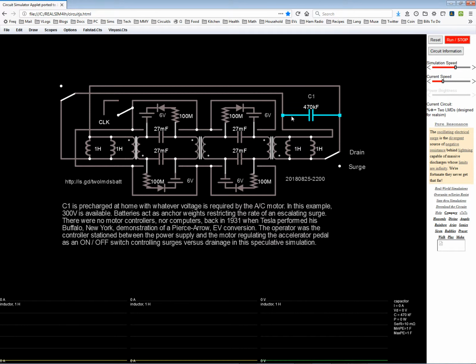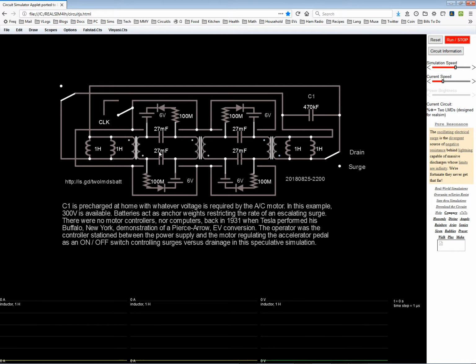Second of all, I replaced the resistor, and this is in parallel with the motor coils. I replaced this resistor with the capacitor, and thus I learned how to regulate the voltage on the motor coils. But now I pre-charge this capacitor, and it's a very high value, with 300 volts, assuming that's what my motor needs, 300 volts in order to operate.